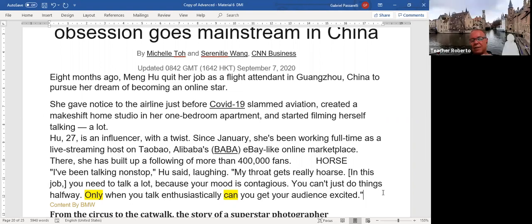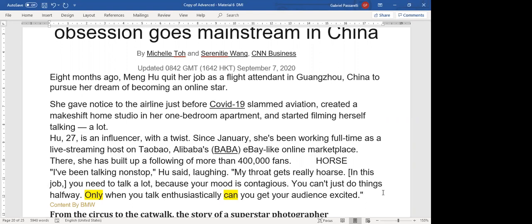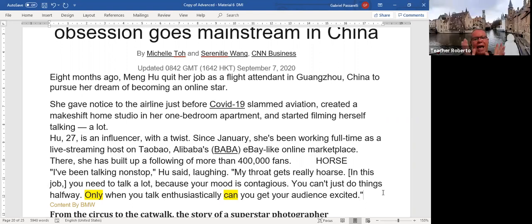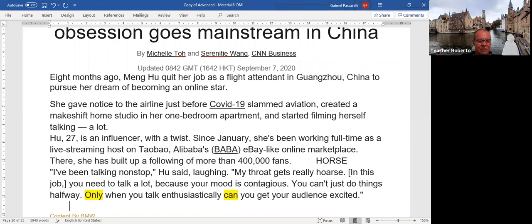Every time you start a sentence with a negative word, it requires that you invert the order between the verb and the subject. They love this in proficiency tests. This breaks anyone's legs, okay?